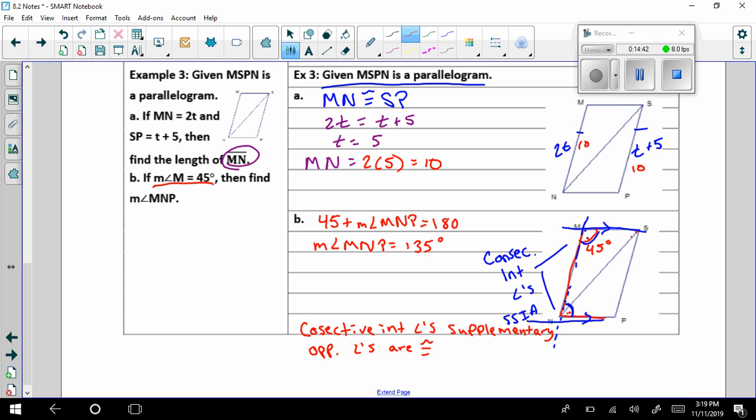Okay, consecutive angles supplementary, opposite congruent, because these are consecutive angles as well.